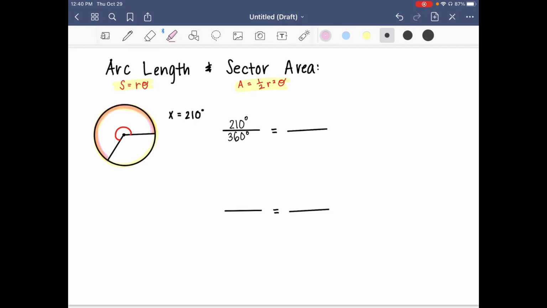So if our angle is 210 degrees out of 360, what we need to do is calculate our circumference, and figure out 210 out of 360 parts of that circumference.